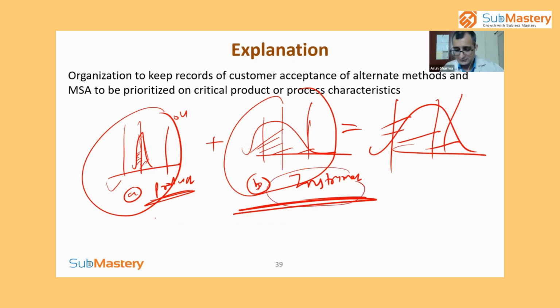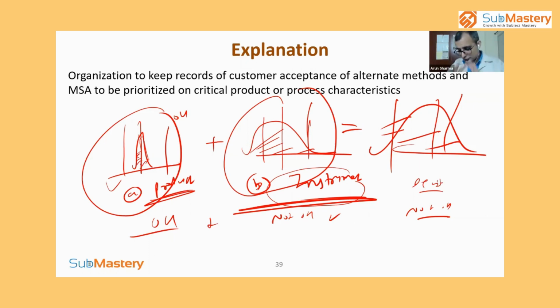So this product is okay, but your instrument is not okay, and your decision is not okay. A right product is rejected because of a wrong measuring instrument. You understand? It could be vice versa. So that's the purpose why measurement system analysis needs to be done.